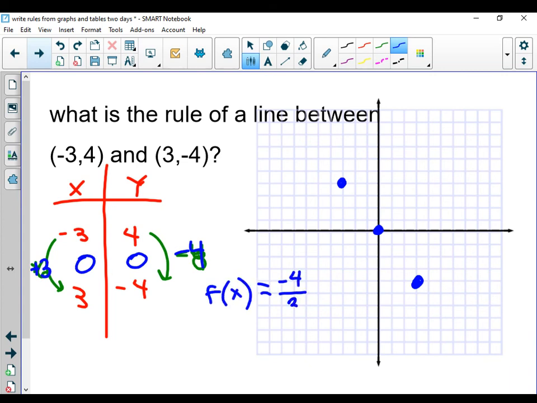Down 4, run 3, y-intercept 0. Do you think you got it? Yeah. Who wants to ask for more help? Get it, got it, good.